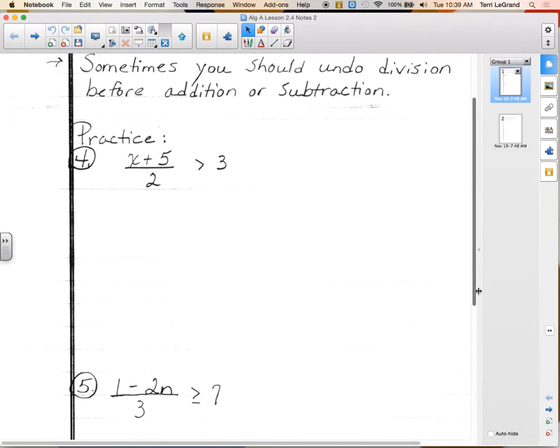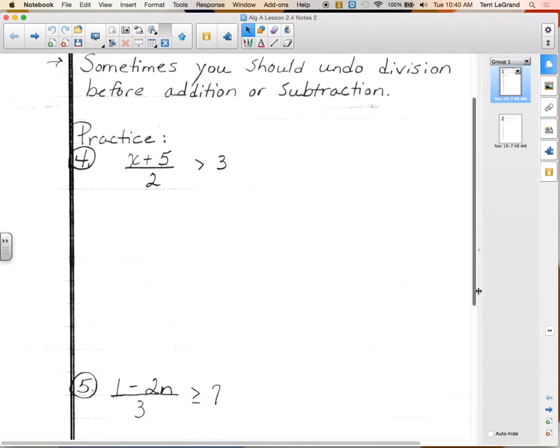So the side that x is on, that 5 is being added to x, and that whole thing is being divided by 2. So at this point, we could not subtract 5 from both sides and say we have x over 2 is greater than whatever 3 minus 5 is. We can't subtract that 5 out of there because that 5 is part of the addition problem that has to be divided by 2.